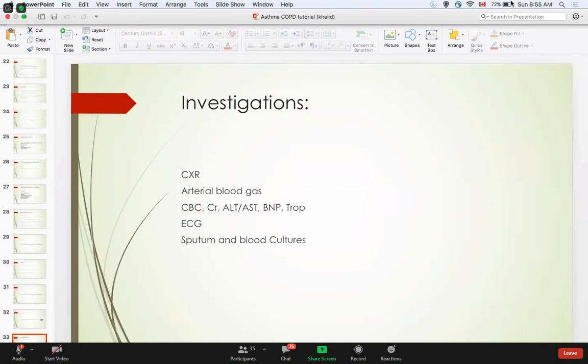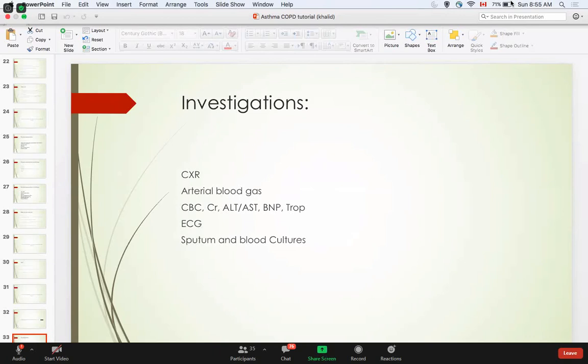Creatinine, ALT, AST, as we talked about previously, a lot of medications need adjustments if they have kidney or liver disorder. BMP and troponin: sometimes people with dyspnea will present with heart failure that looks like COPD exacerbation, and this is why we sometimes order the BMP and the troponin, okay?